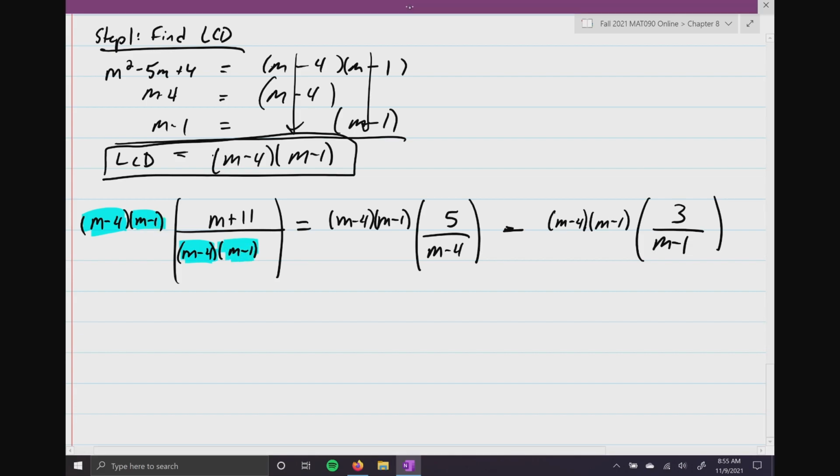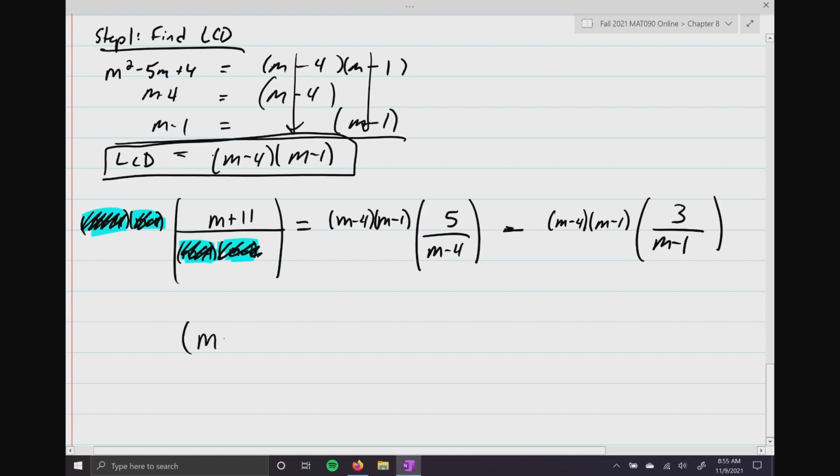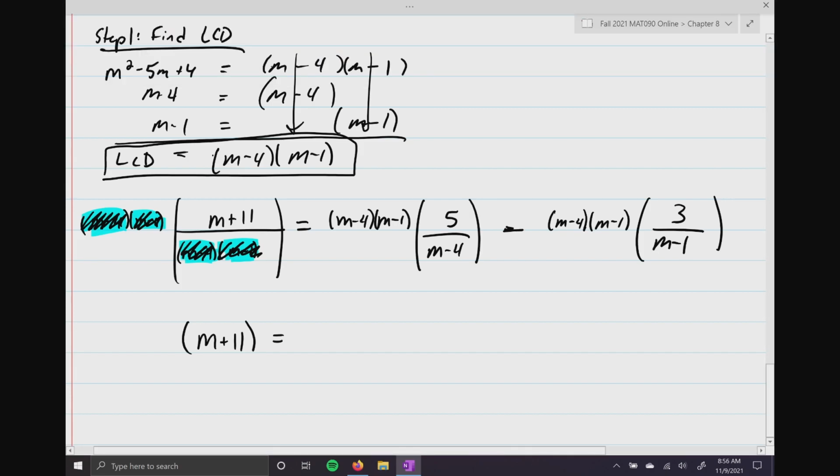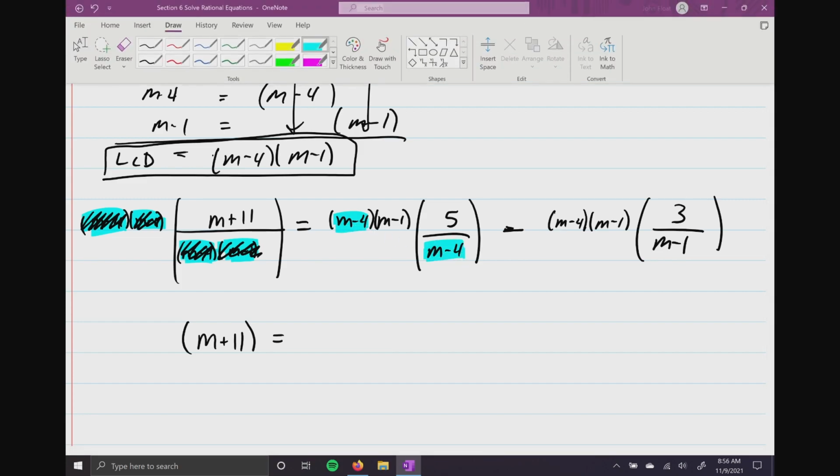So what I can do here is scratch out all of them. And I'm left over with m + 11 in my numerator. And I'll put it in parentheses. Equals. I'll do the same thing here. I got an m − 4 in the numerator, m − 4 in the denominator. So I can cross them out.